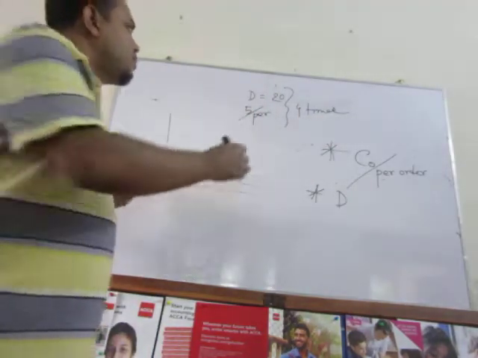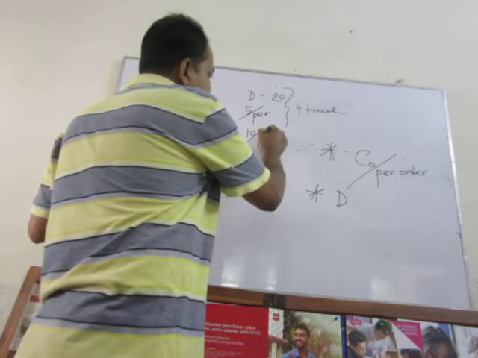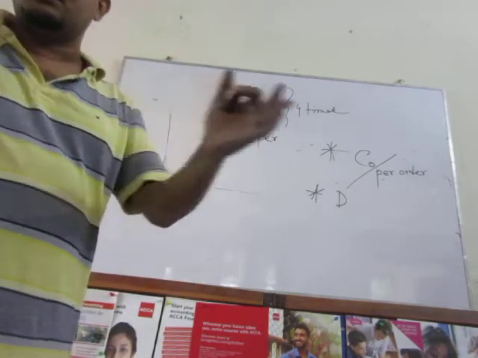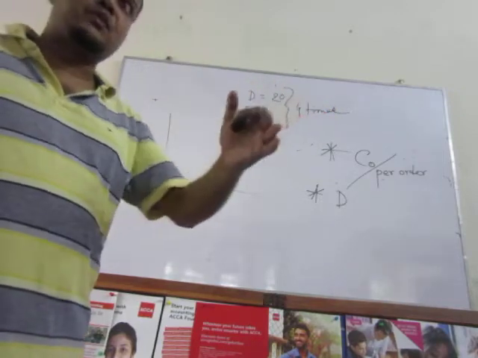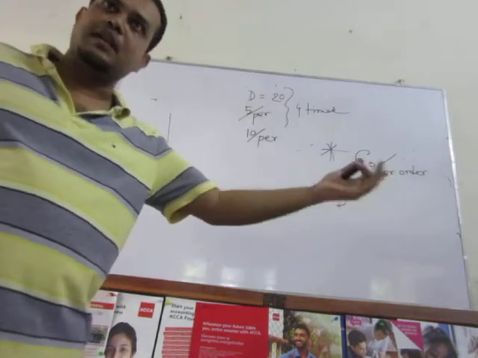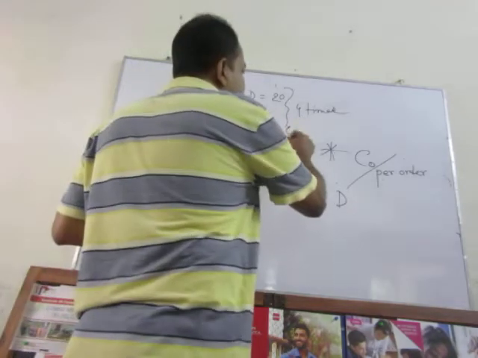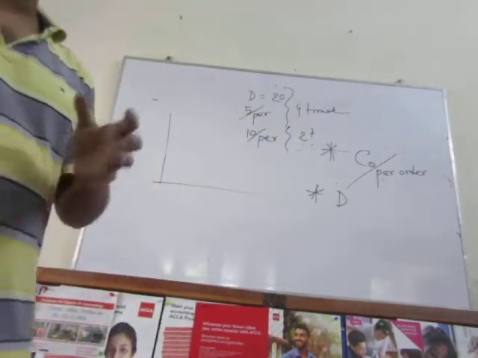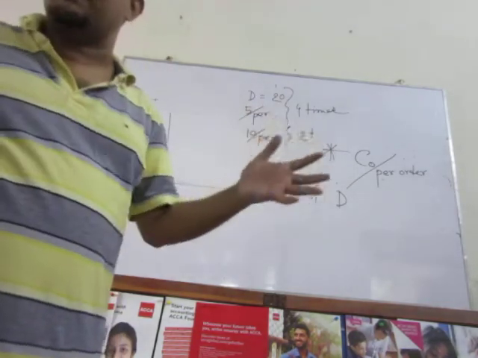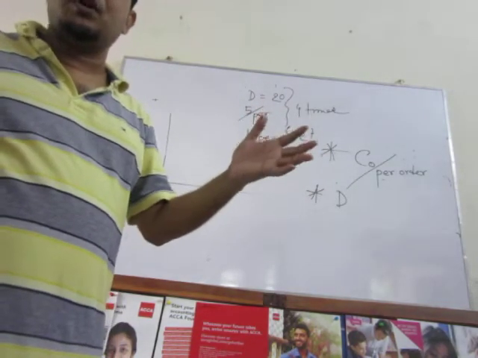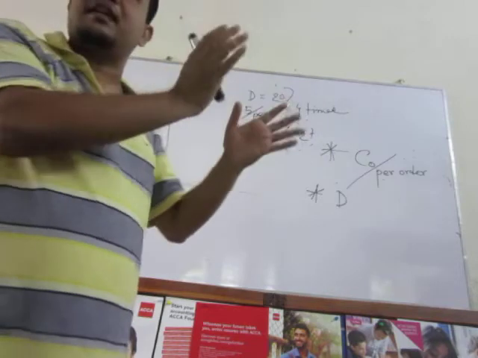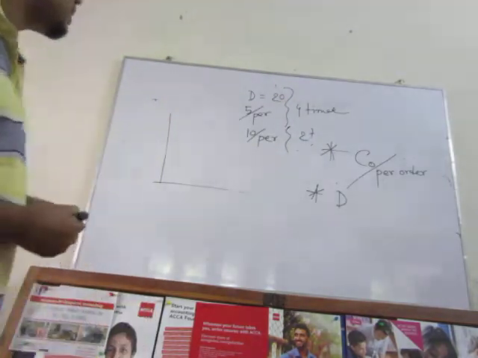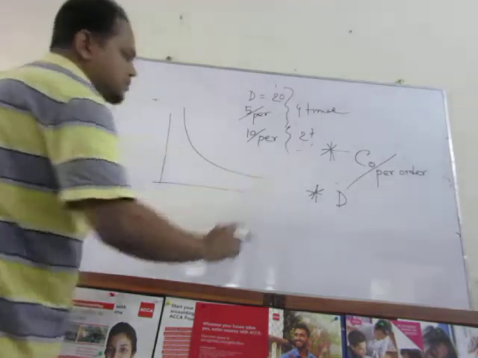Now, if you order 10 metric tons per order, that means you are ordering a more voluminous amount in comparison to the previous. In that case, to have that 20 metric tons you have to order 2 times, right? That means as you order more amount to meet the specific fixed demand, your order frequency will be lesser. That's why the graph is just like this one. Why?